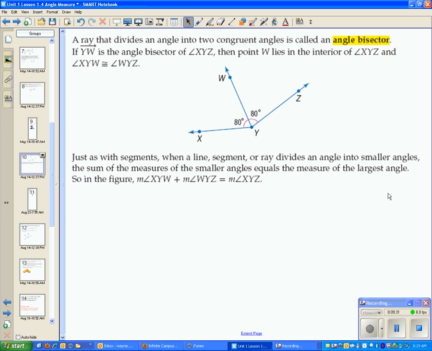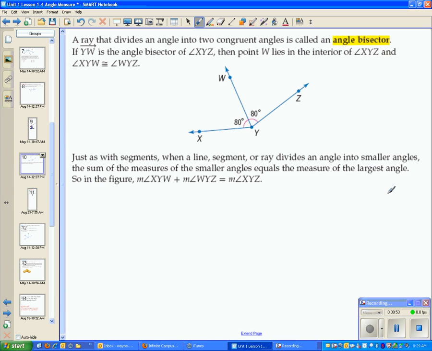Okay? Now, just like we would add up lengths of segments sometimes to get the length of a larger segment, we can do the same thing with angles. We can add 80 plus 80 and decide, oh, that means the measure of angle XYZ must be 160. Eventually, we'll call that the angle addition postulate. Okay?